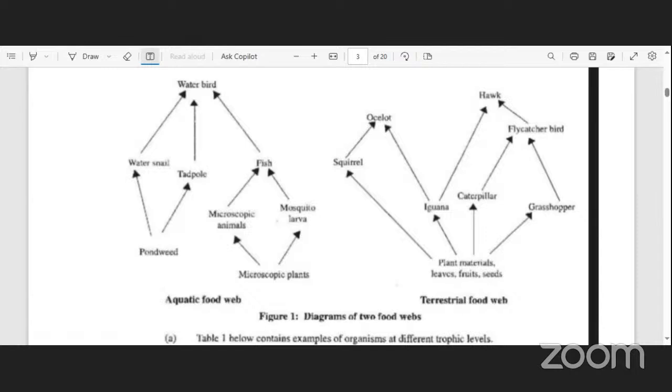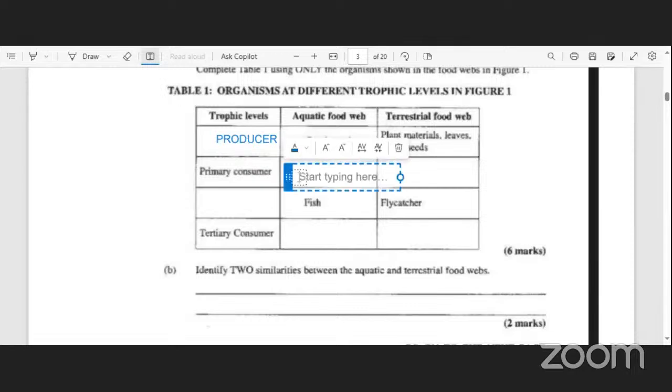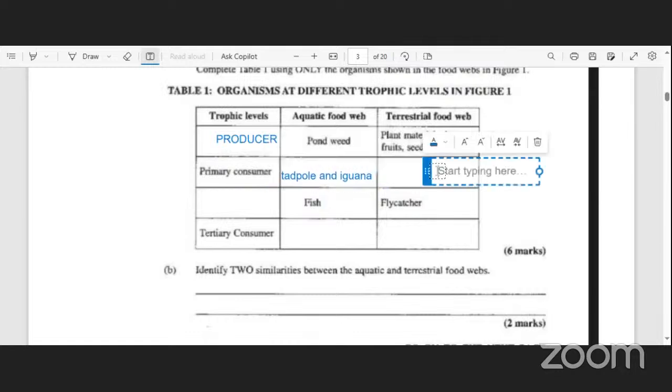So tadpole and iguana for the aquatic food web. So we can come down here in the aquatic food web and put tadpole and iguana. And for the terrestrial food web, what are the primary consumers in the terrestrial food web?